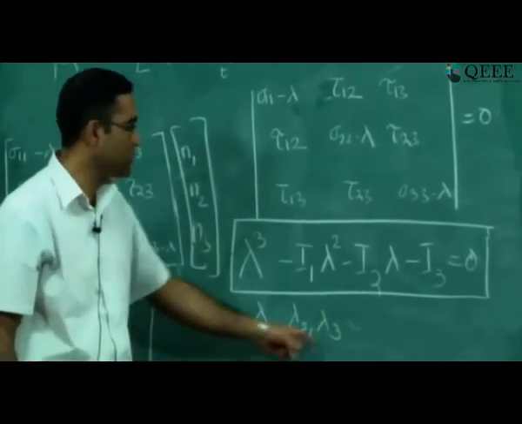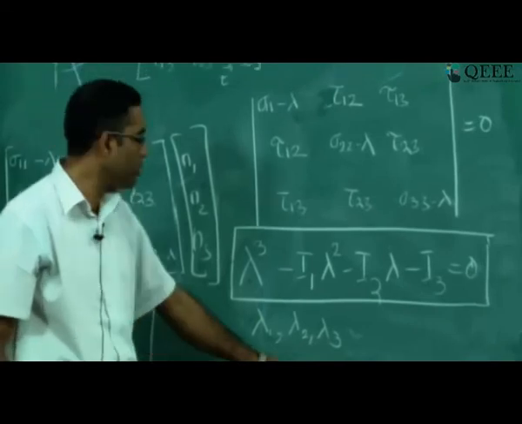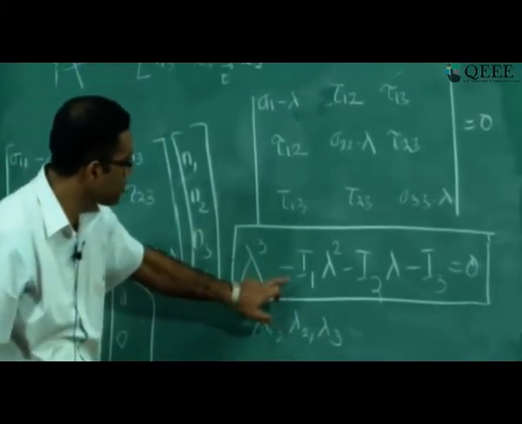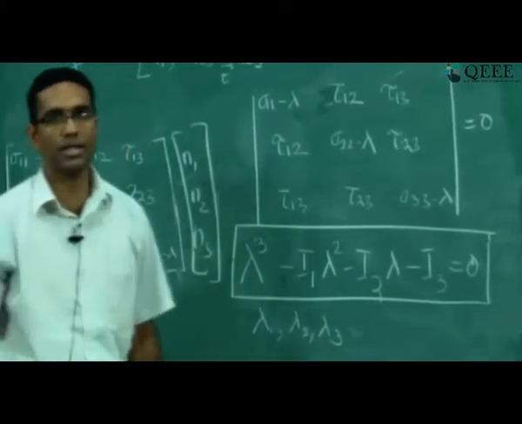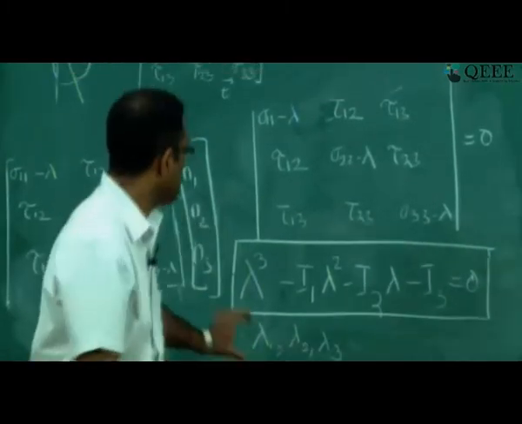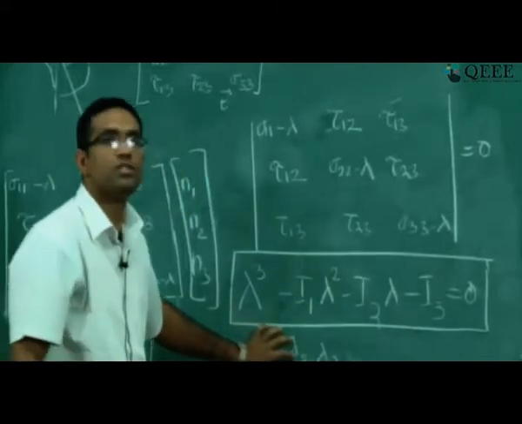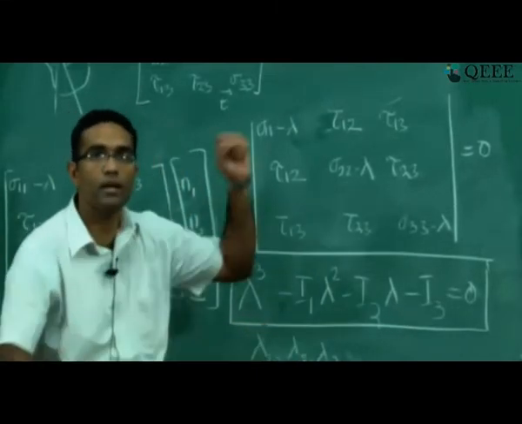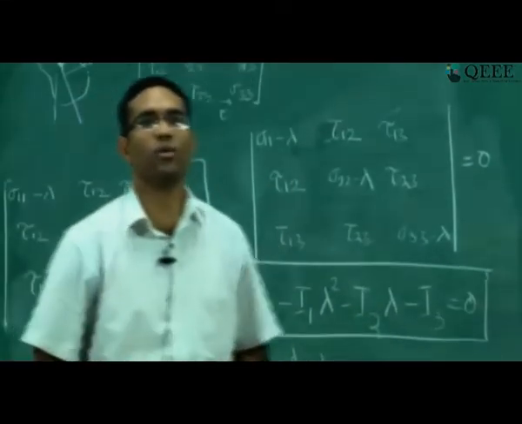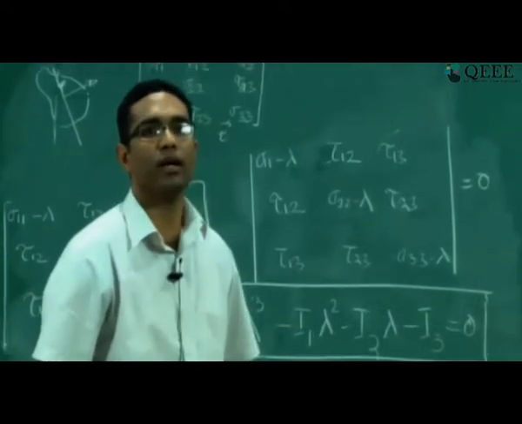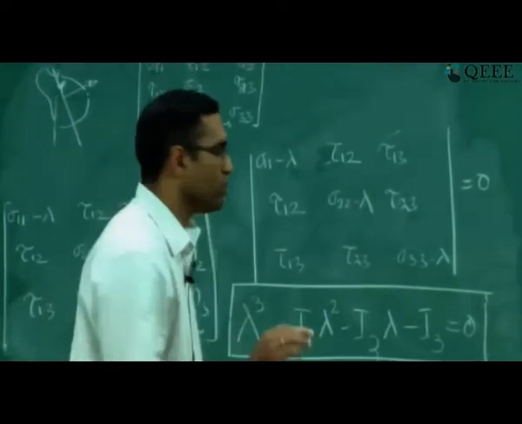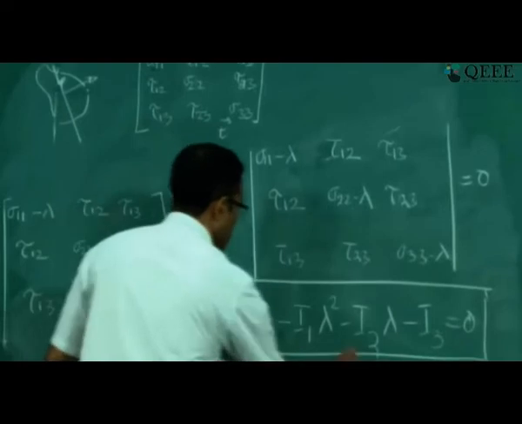They will be the principal stresses. Okay, lambda 1, lambda 2, lambda 3, which are the solutions to this equation called a characteristic equation, which will basically give you the principal stresses. This is the way to find the principal stresses, not by infinitesimally rotating the coordinate system until you end up with a case where all the shear stresses are 0. You cannot do that. Okay, this is the right mathematical way to do.